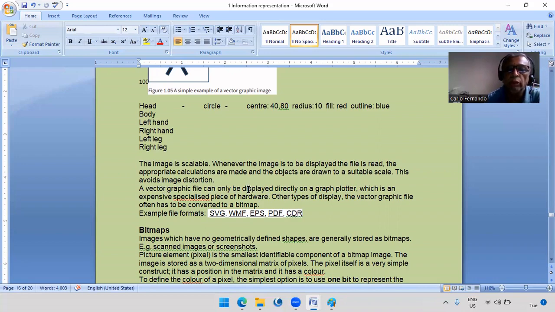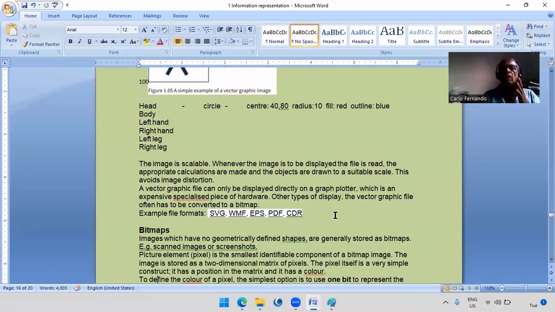A vector graphic file can only be displayed directly on a graph plotter, which is an expensive specialized piece of hardware. Other types of display, like the one that you and I have, the vector graphic file often has to be converted to a bitmap.